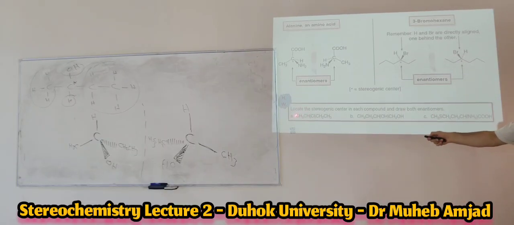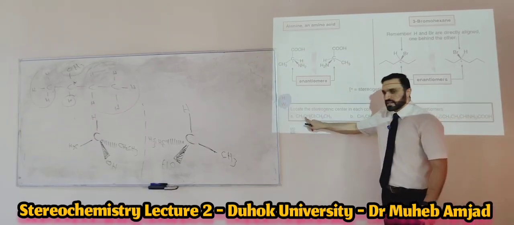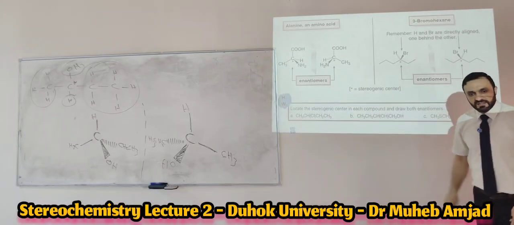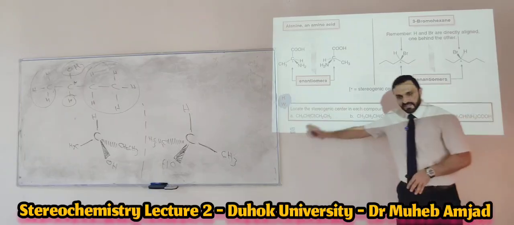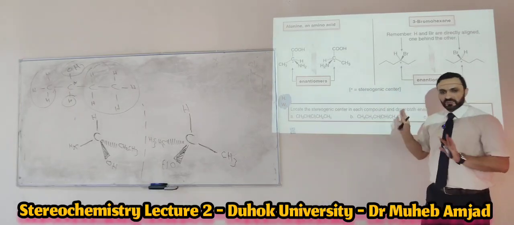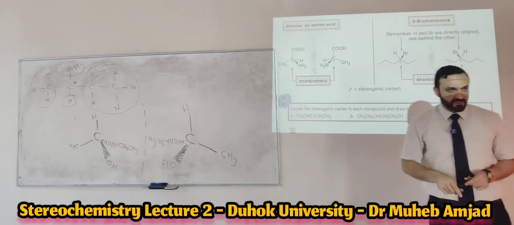Yes, because it has CH3, hydrogen, Cl and CH2CH3. This one, no. Why? Because it has 2 hydrogens, identical groups. That means just one stereogenic center here. Draw the first isomer, then the mirror image to give you the second isomer, the second enantiomer.